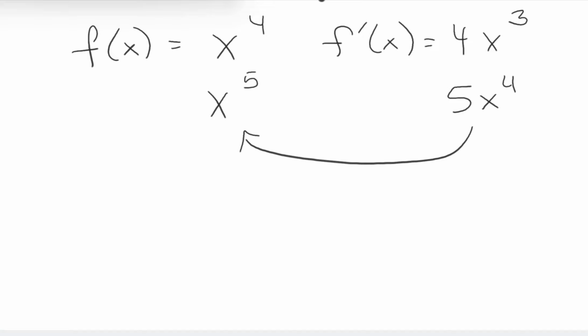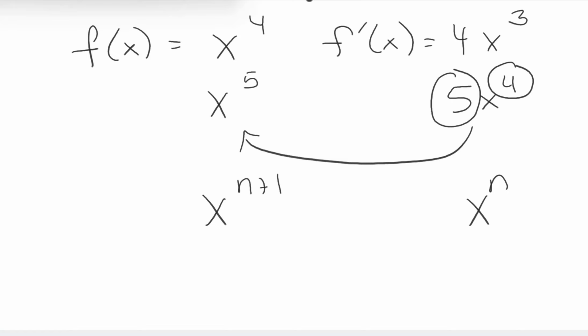If I wanted to go backwards from that, what do I have to do to my exponent? Add 1. So if this was x to the n, that's going to be n plus 1. So now the question is how would I get rid of that? Because I didn't want that there. That was the one mistake you made. I'm going to divide that by n plus 1.